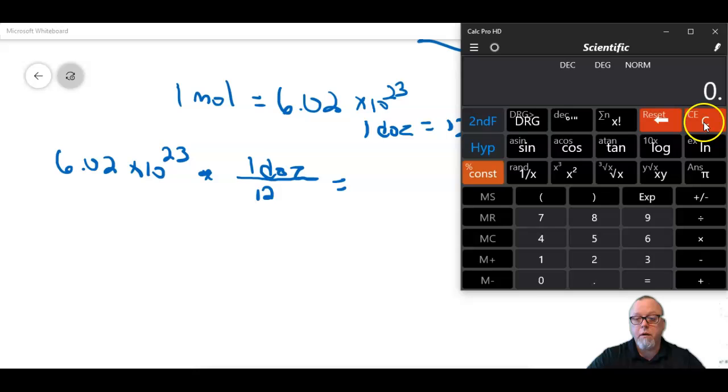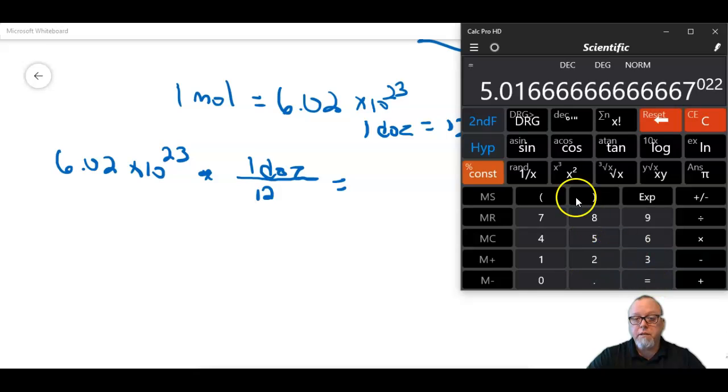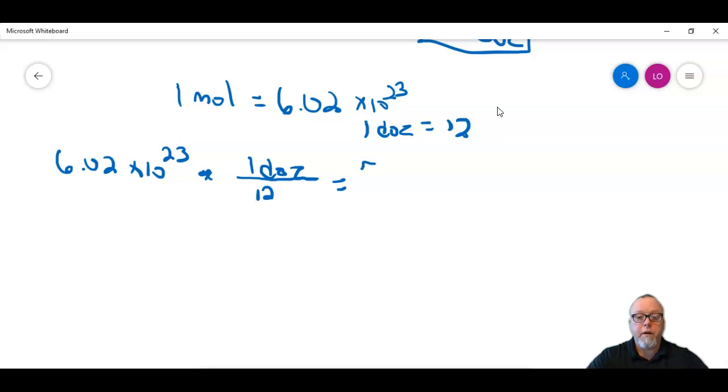That is equal to 5.016666 times 10 to the 22nd. I have 3 sig figs here, so I have 1, 2, 3 sig figs. I draw my line here, and 6 is greater than 5, so I'll round up. So 5.02 times 10 to the 22nd dozen of them.